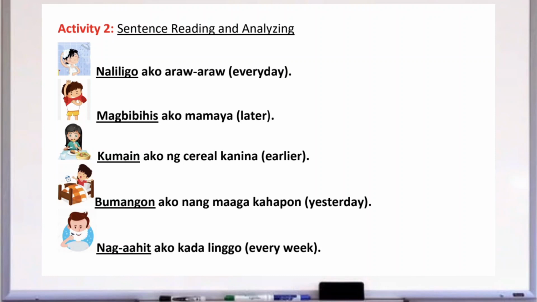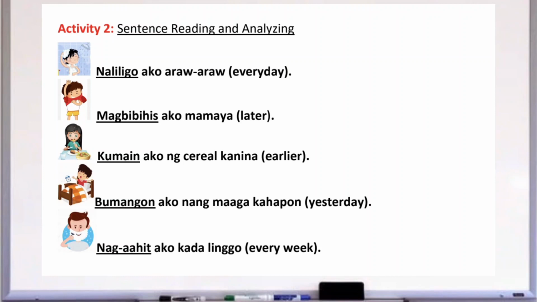Number 1. Naliligo ako araw-araw. Your turn. Alright, number 2. Magbibihis ako mamaya. Your turn. Number 3.